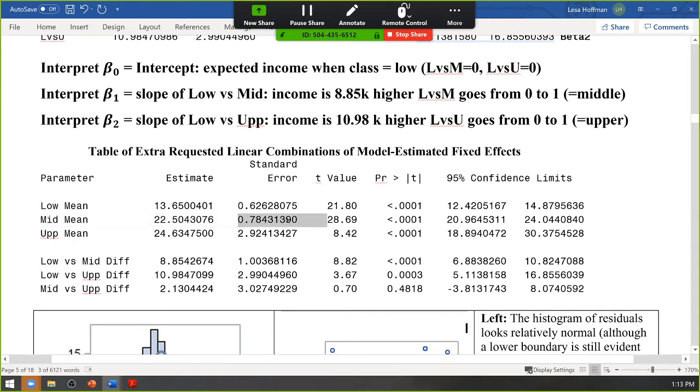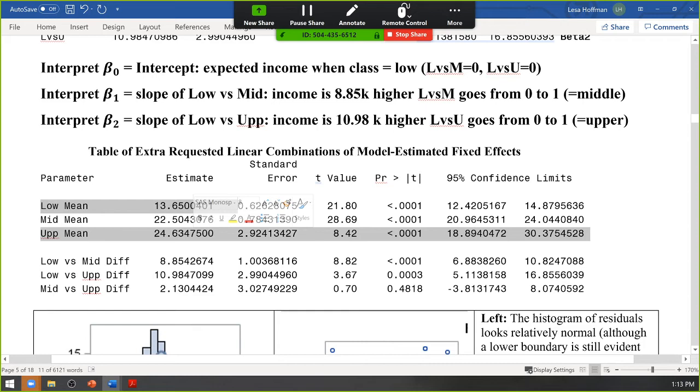And that is also why I ask for standard errors on your homework, is to make you have to go through the software to get these answers. Likewise, relative to the low group, we knew that the upper group was about 11 higher. So there's what the upper group becomes, the 24.